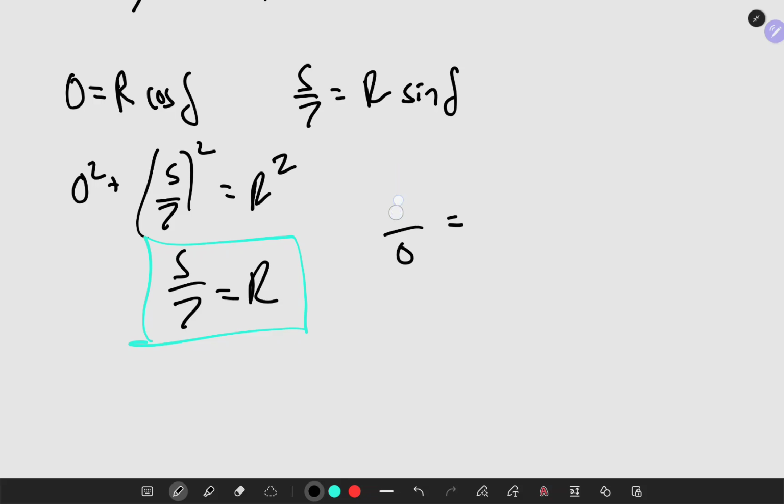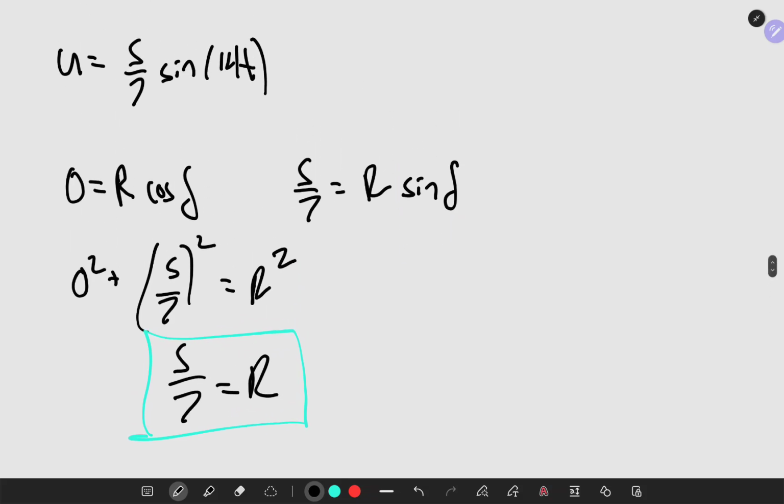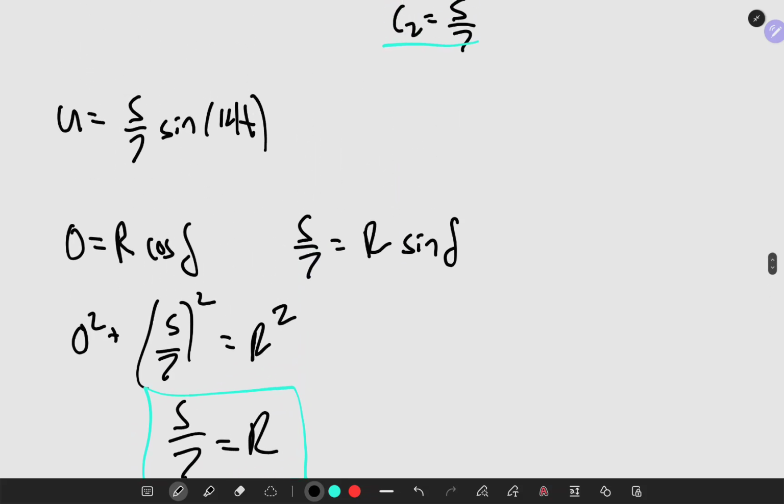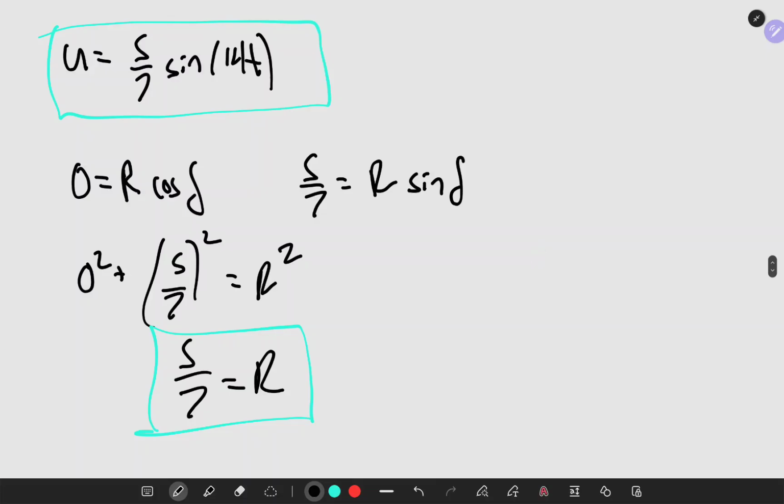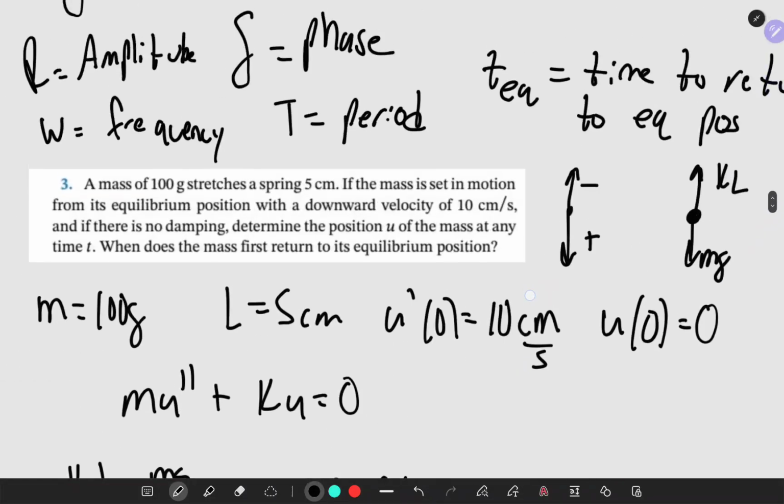Yeah, we can't do that, can we? Maybe that's why they only asked for the u. That would be undefined. That's unfortunate. They do only ask for this. This is the final answer. So we can just skip the phase for this one.